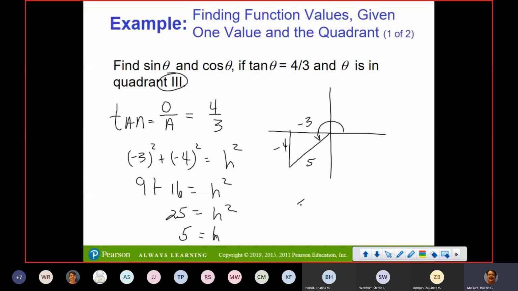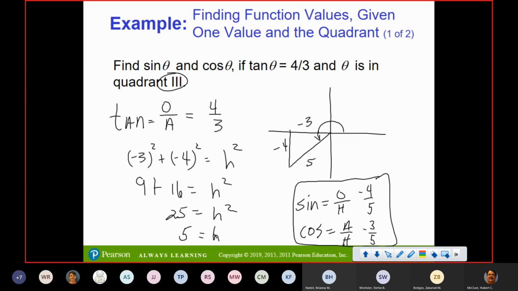Now, what is the sine? Sine is equal to Oscar had, and cosine is equal to Oscar had a hunk. So the sine is opposite over hypotenuse, -4 over 5, and the cosine is -3 over 5. That is the kind of questions I will test you on.